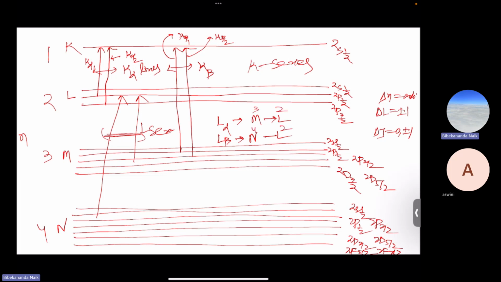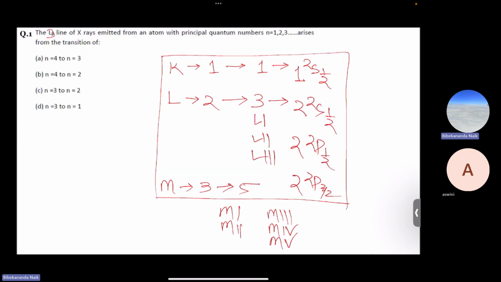So the L beta line arises from the transition between which two levels? It is n equal to 4 to n equal to 2. So this is the transition from n equal to 4 to n equal to 2. If you consider the transition from n equal to 4 to n equal to 3, that will be M alpha.